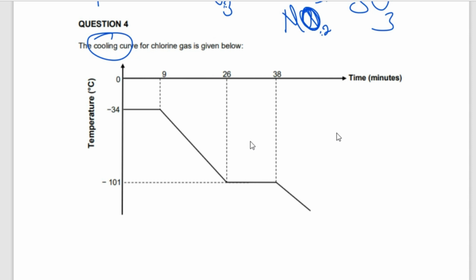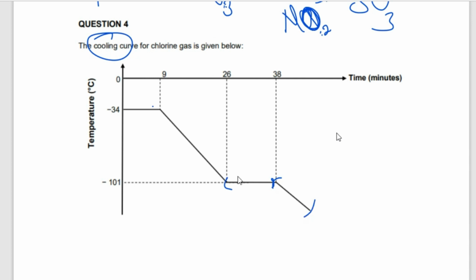You understand? Because this is a cooling curve, it comes from a gas. Now this is a gas, and here it starts to cool. Now this is a solid, and then it starts to cool. You understand? Here the temperature is not changing, but here the temperature is changing.